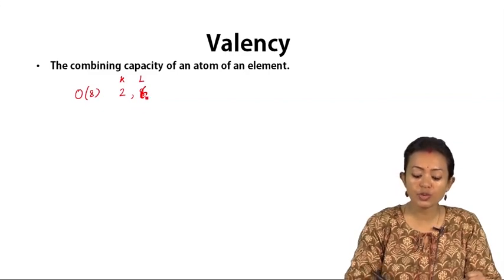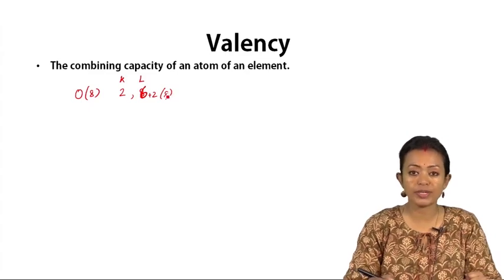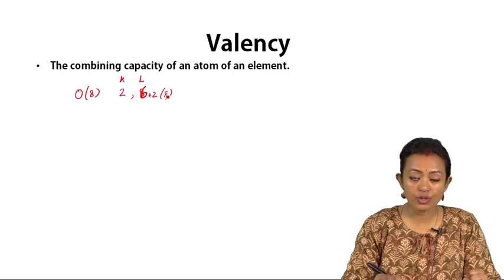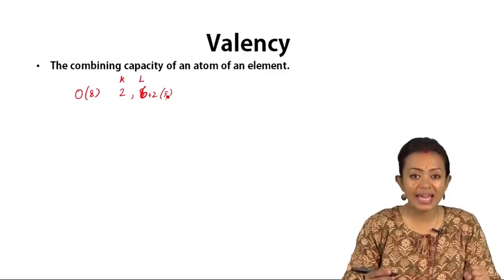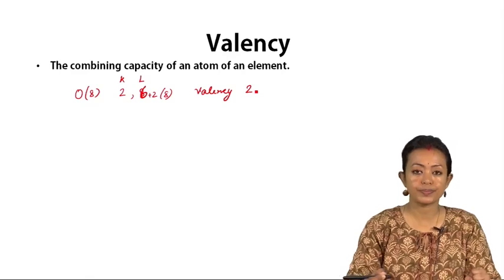So what would it do? It is going to take in 2 electrons to make the outermost orbit 8. Because it is taking in 2 electrons to make a total of 8 electrons in the outermost orbit, the valency of oxygen is going to be 2.